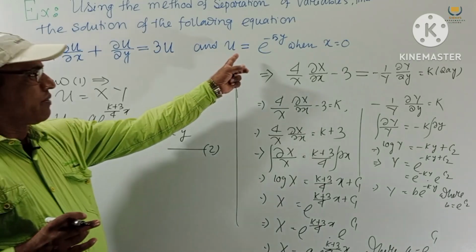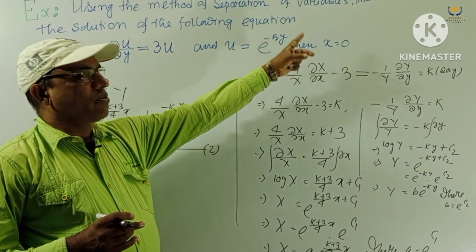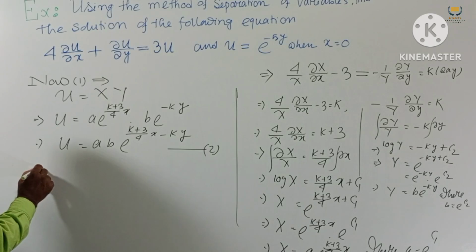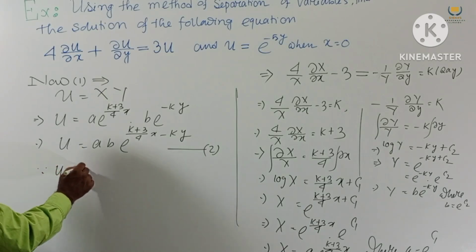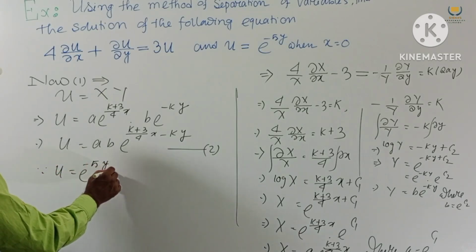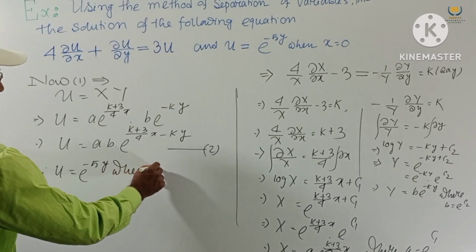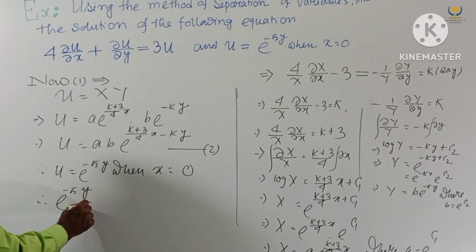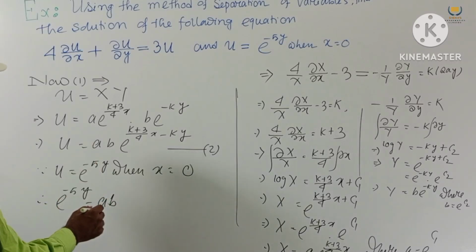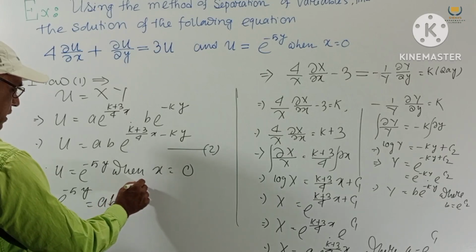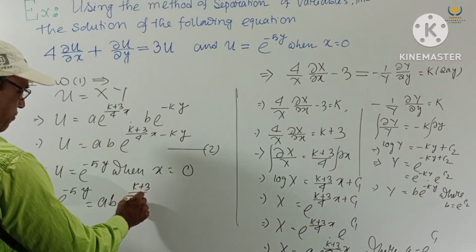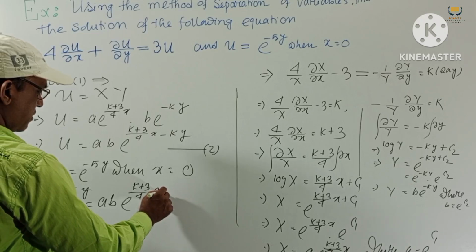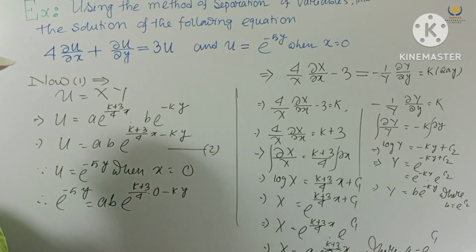But our initial condition is given: u = e^(-5y) when x = 0. Since u = e^(-5y) when x = 0, therefore e^(-5y) = ab e^((k+3)/4 · 0 - ky).